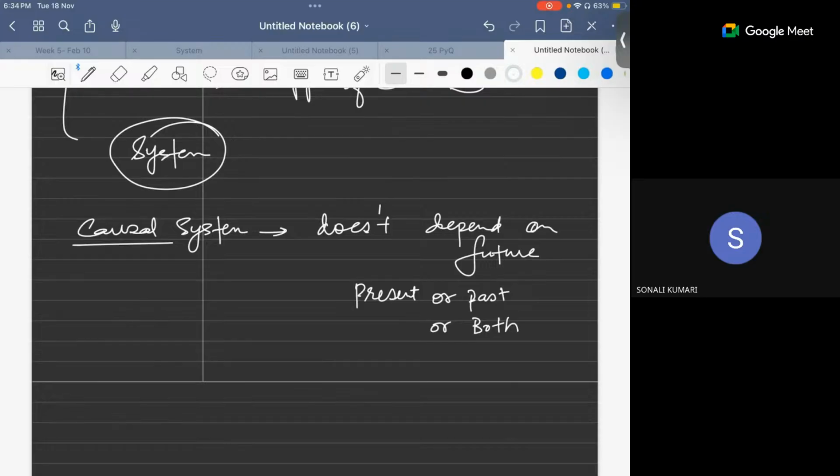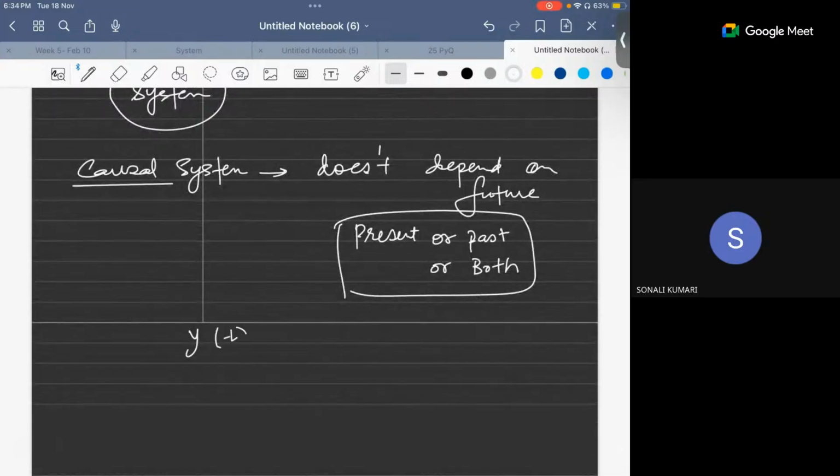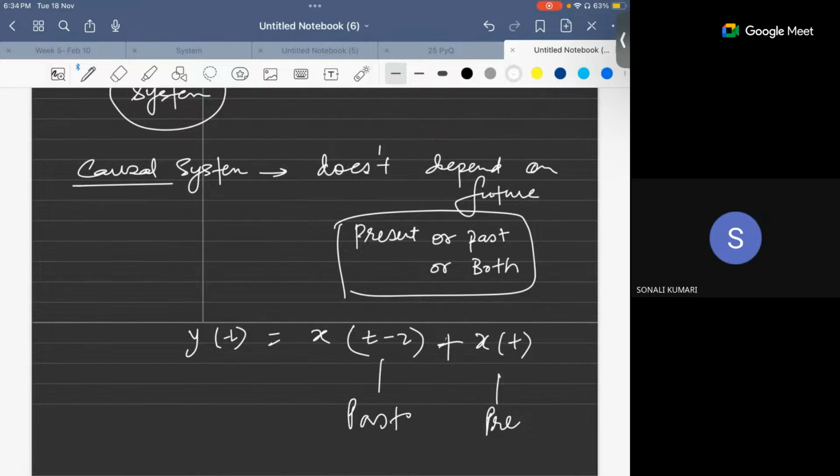For example, a system y(t) equals x of t minus 2 plus x of t plus 2. Again, this is a future thing, right? So the t minus 2 term is past and the other is present. Okay.